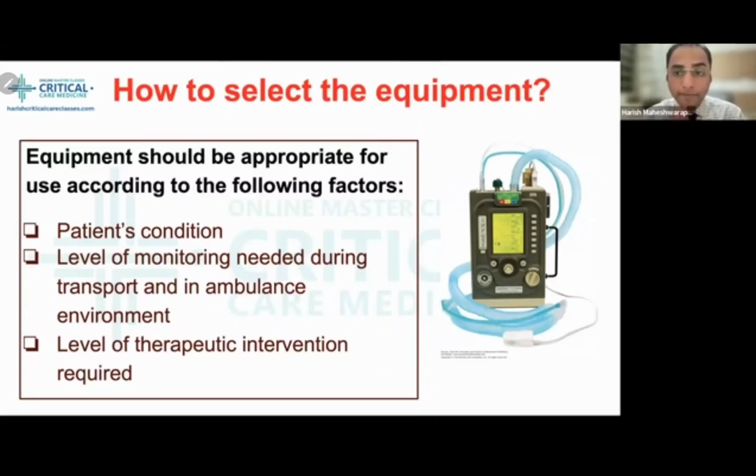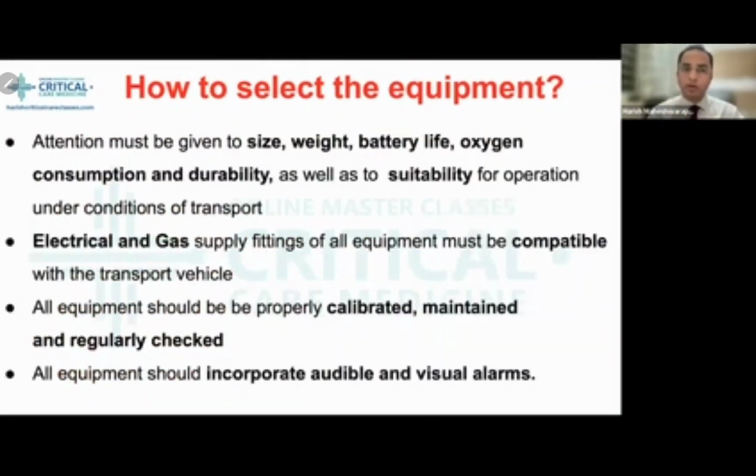Depending upon the monitoring during the transfer, you choose the equipment. Level of therapeutic intervention required: are we going to just continue a particular vasopressor, or do we need some more inotropes also? Depending upon that, we choose the equipment and the infusion pumps appropriately.